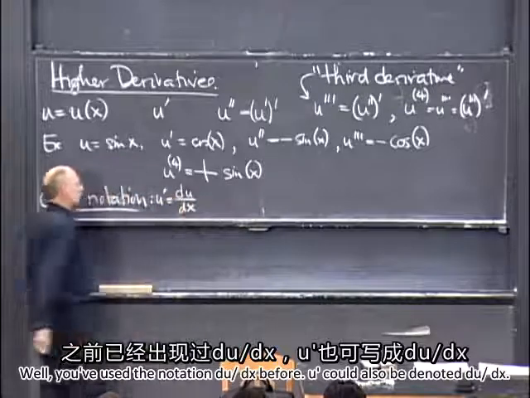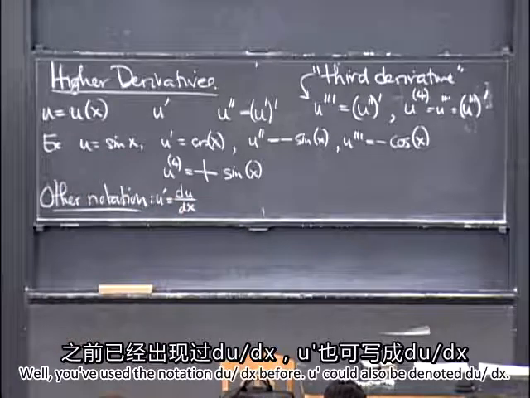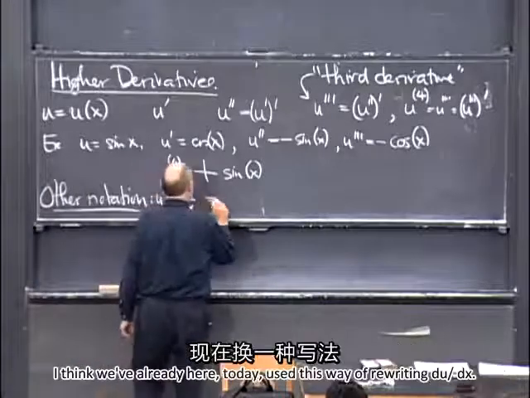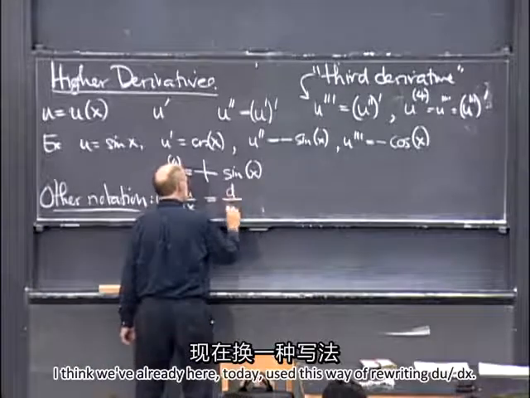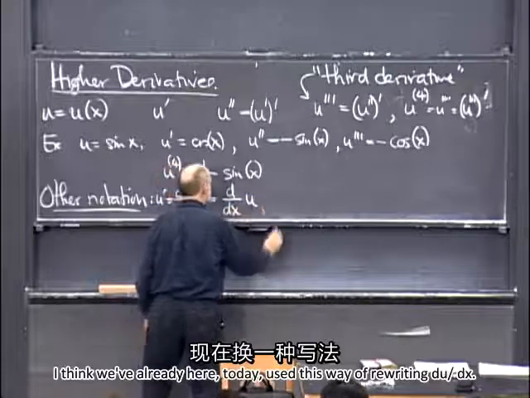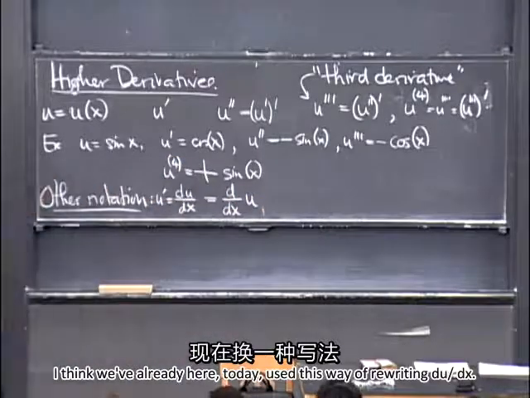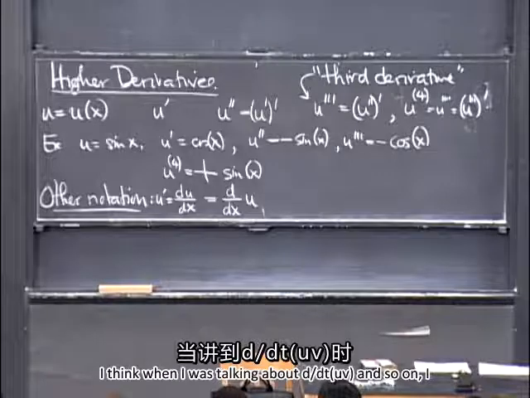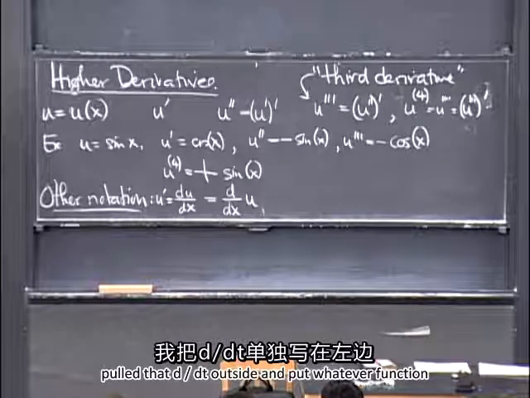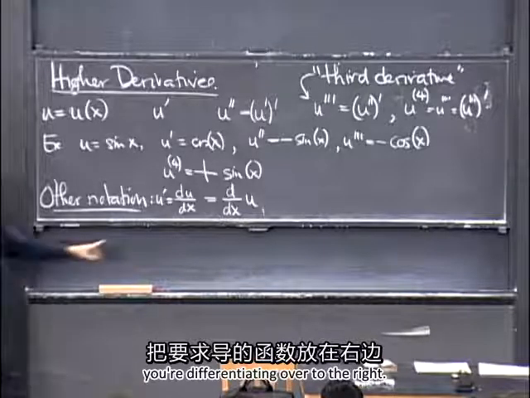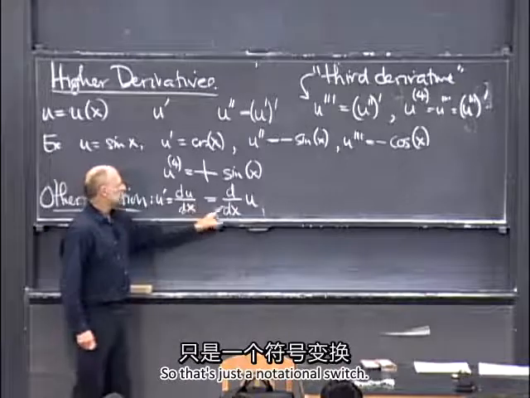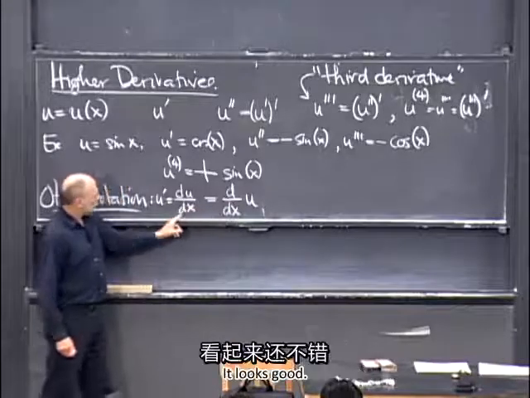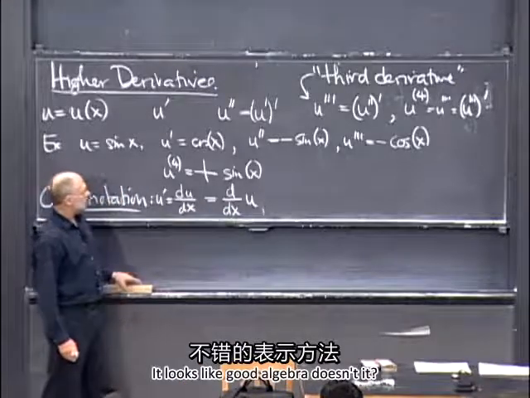U prime also could be denoted du dx. I think we've already here today used this way of rewriting du dx. I think when I was talking about d dt of uv and so on, I pulled that d divided by dt outside and put whatever function you're differentiating over to the right. So that's just a notational switch. It looks like good algebra, doesn't it?